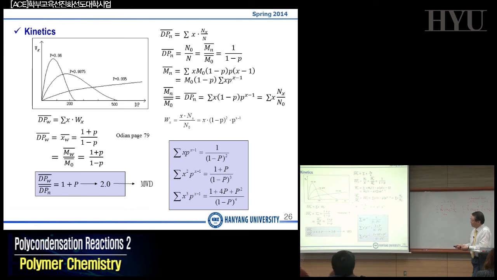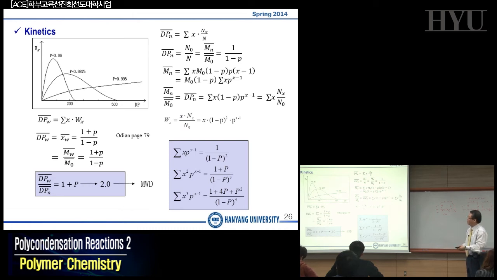Now we know that the molecular weight distribution is defined as DPw divided by DPn, and is equal to 1 plus P, with P ranging from 0 to 1, so that it will become 2. So one of the definitions of molecular weight distribution can be described by this equation as well.